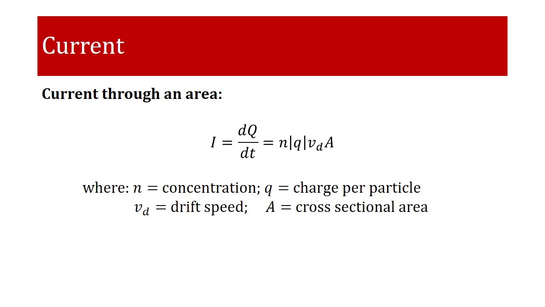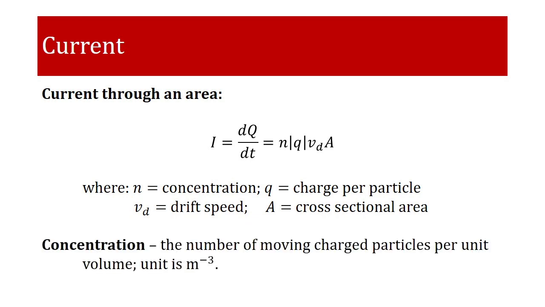It can also be expressed in terms of n times the absolute value of q times vd times A, where n is the concentration, meaning the number of charged particles flowing in an area, while q is equal to the charge per particle, while vd is the drift speed, ang ilahang movement speed or drift speed, and ang A is the cross-sectional area of, let's say usually ang wire, ang cross-sectional area sa wire.